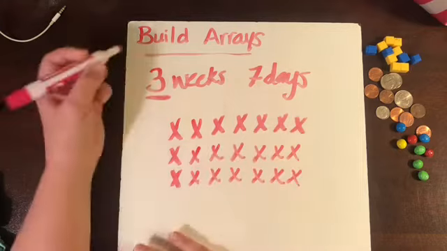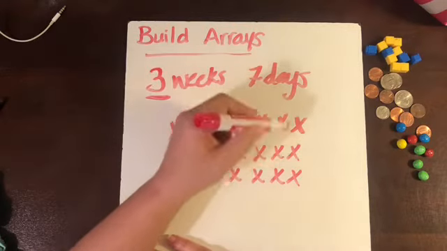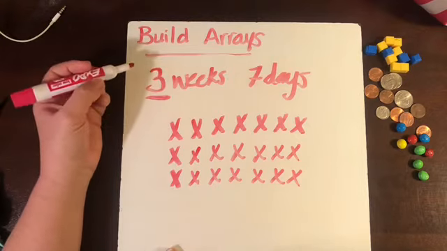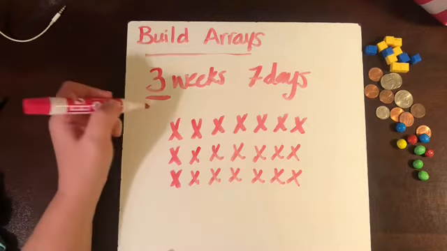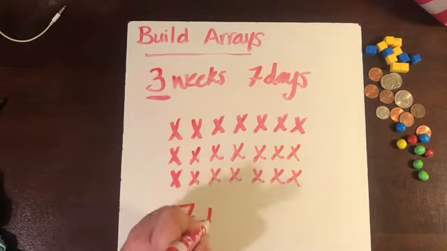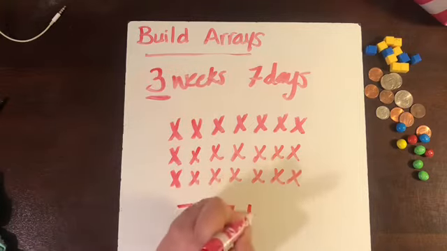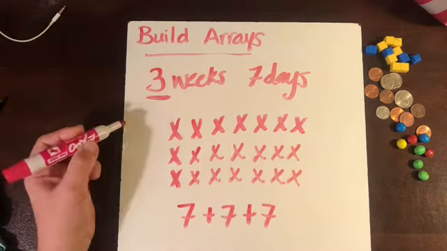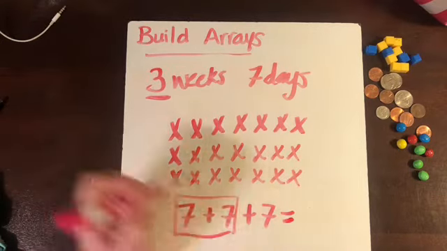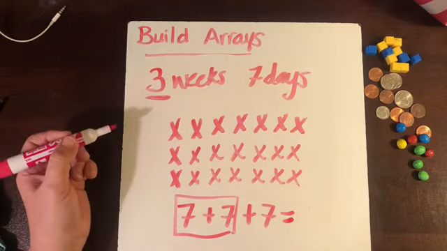All right, so everybody has a partner. Remember, it's equal groups. Check over your work and make sure. And now, how would I do the math on this? What would be my number model? I have to count by my rows, which is 7 plus 7 plus 7, and it equals. So here is a doubles fact: 7 plus 7.